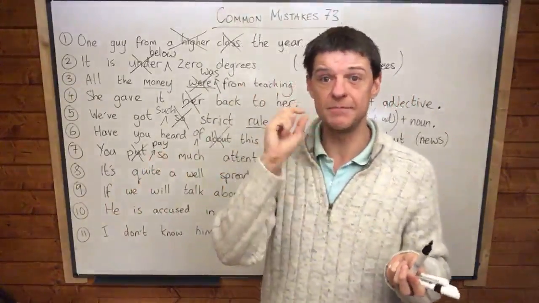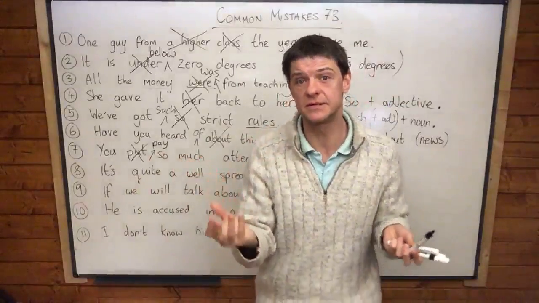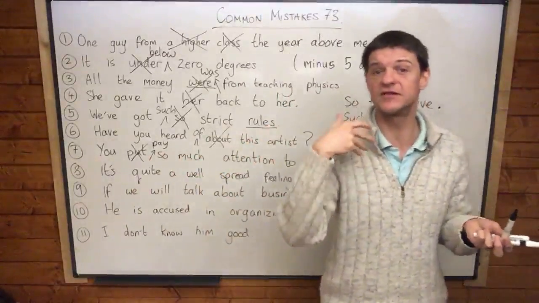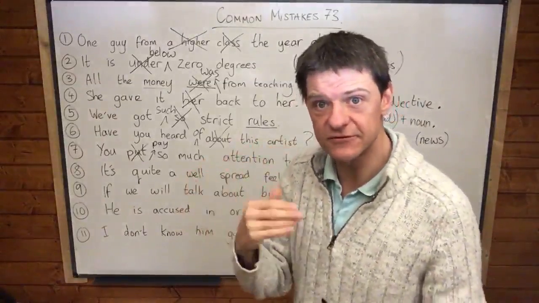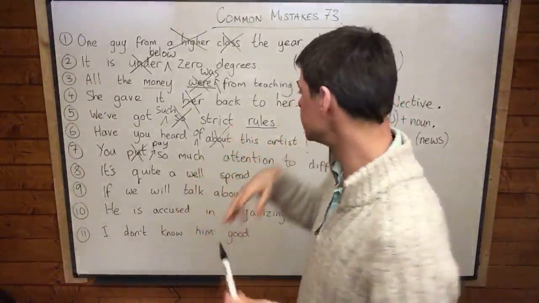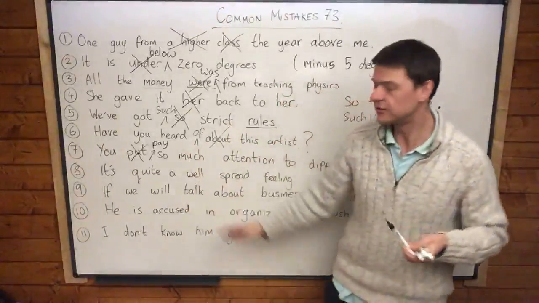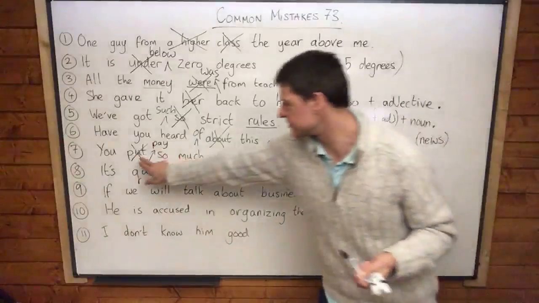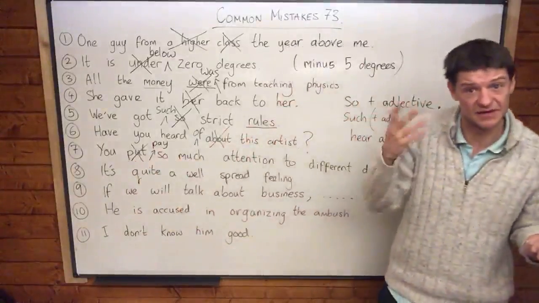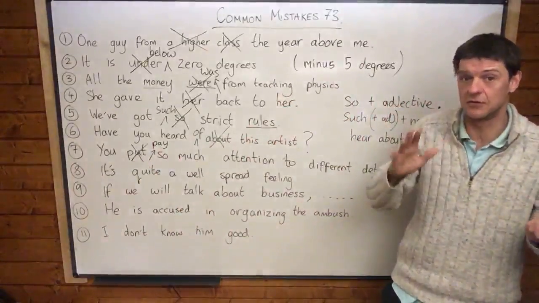We also say pay someone a compliment. So if you pay someone a compliment, you say something nice about that person. So pay is used with a number of different nouns, pay someone a compliment and pay attention. So just remember these pay collocations because they're useful. And that certainly sounds wrong: put attention, no, pay attention.